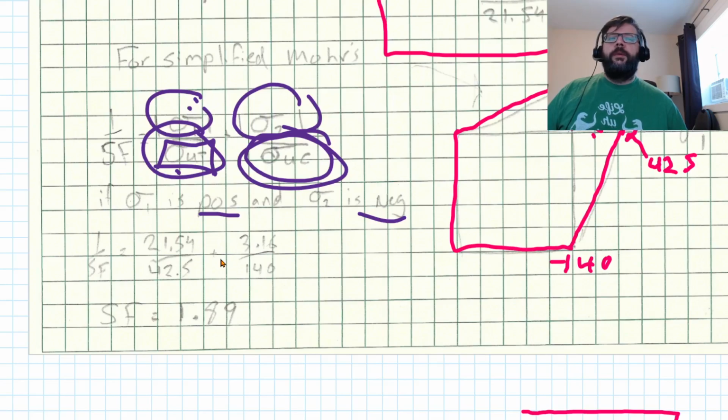So 1 over the safety factor here is equal to 21.54 divided by 42.5 plus 3.16 divided by 140. And then solving for our safety factor, we end up getting 1.89.